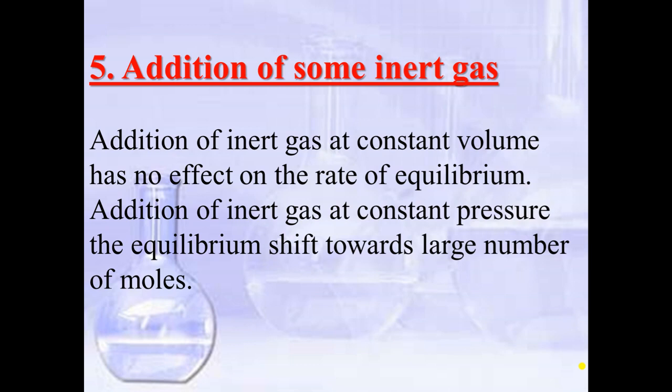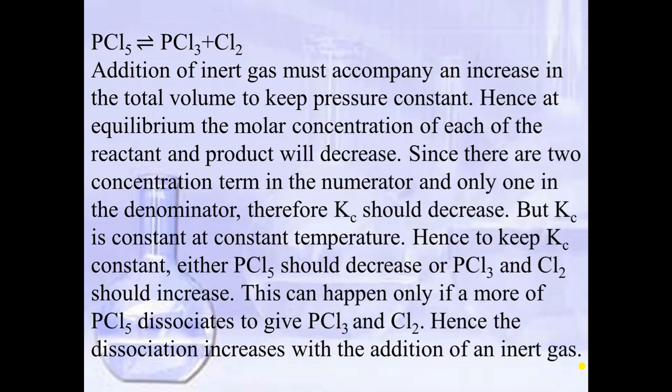Understand the meaning of this line: we are adding the inert gas in a container and we have to keep pressure constant. So in order to keep the pressure constant, we have to increase the volume. And when we are increasing the volume, then the concentration of reactant and product both decreases, because the number of gaseous particles per unit volume decreases.